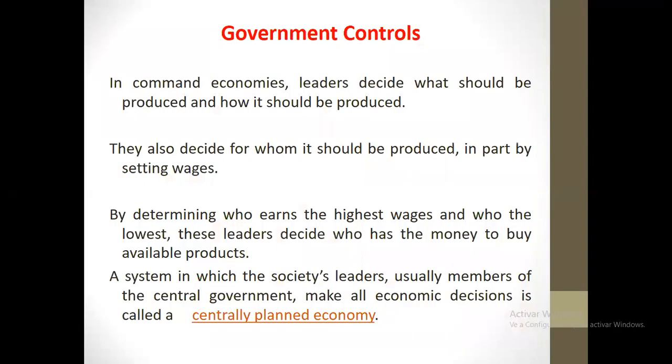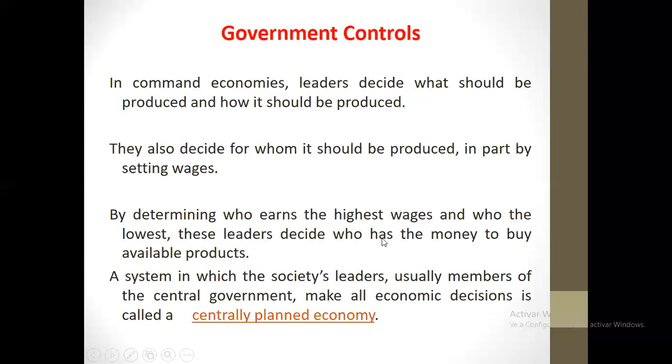Okay, let's begin. Government controls. In command economies, leaders decide what should be produced and how it should be produced. They also decide for whom it should be produced, in part by setting wages, by determining who earns the highest wages and who the lowest wages.